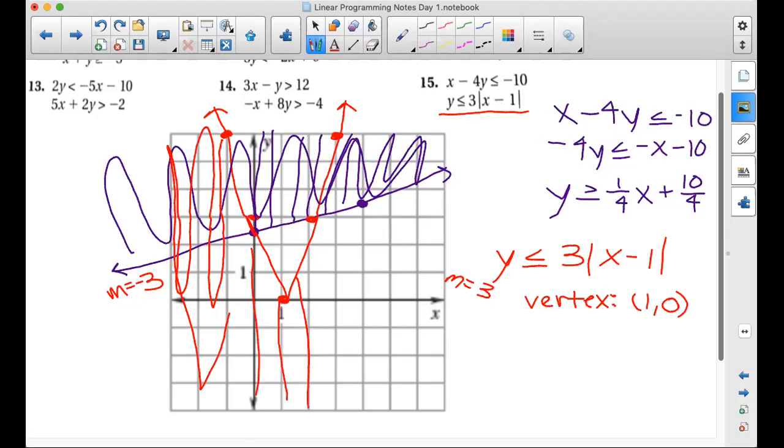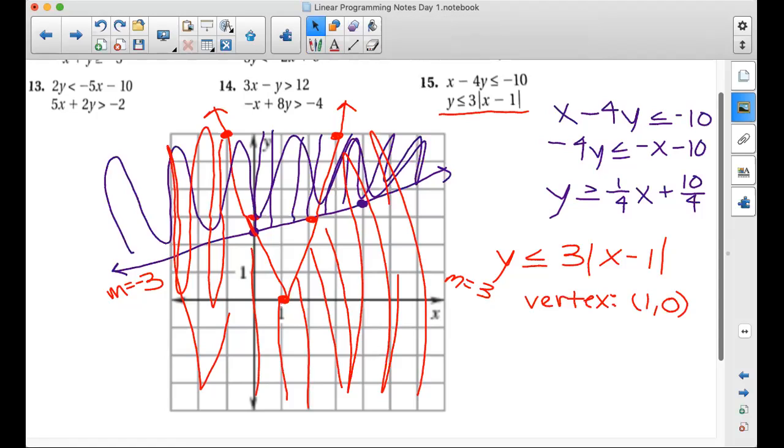So down here, over here, everywhere. Less than or equal to. Inside here would be greater than. So every point we're going less than. So the region where it's shaded in both areas, it's two different areas.